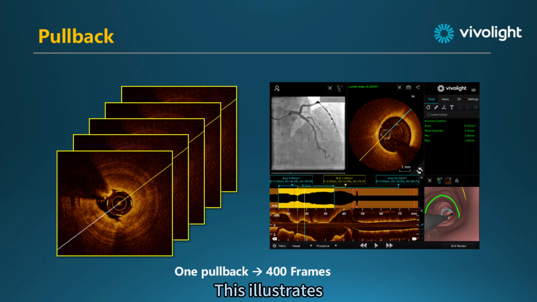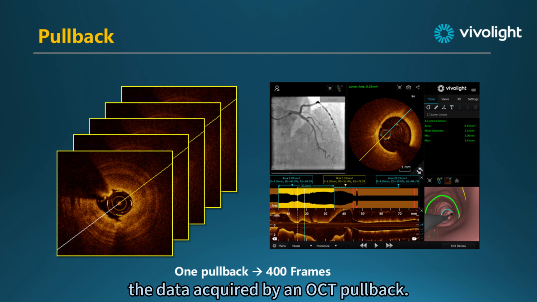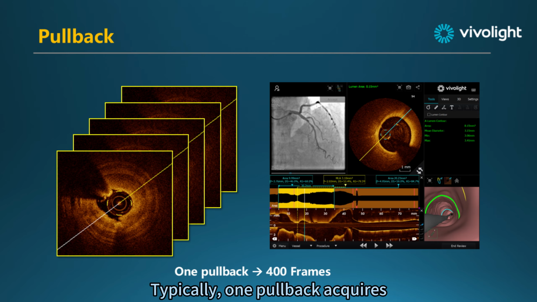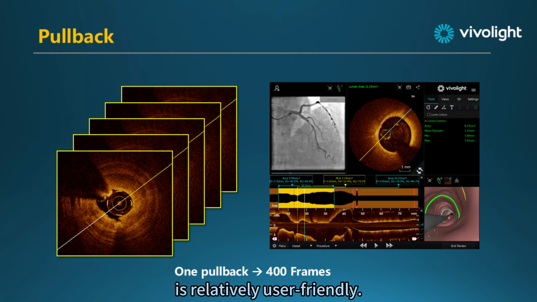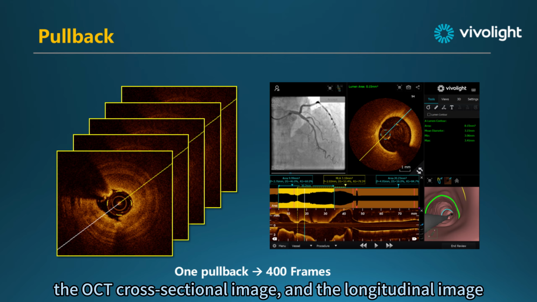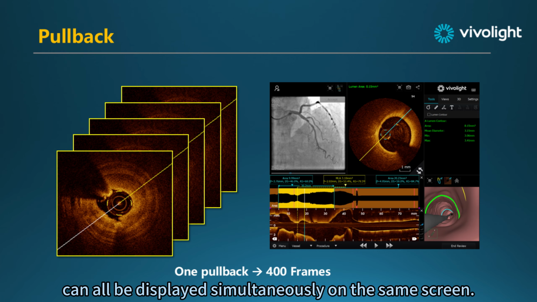This illustrates the data acquired by an OCT pullback. Typically, one pullback acquires 400 frames of images. The user interface for this OCT system is relatively user-friendly. We can see that the angiographic image, the OCT cross-sectional image, and the longitudinal image can all be displayed simultaneously on the same screen.